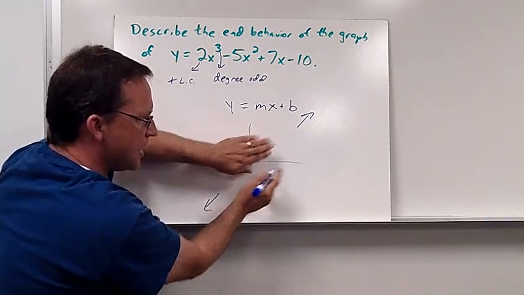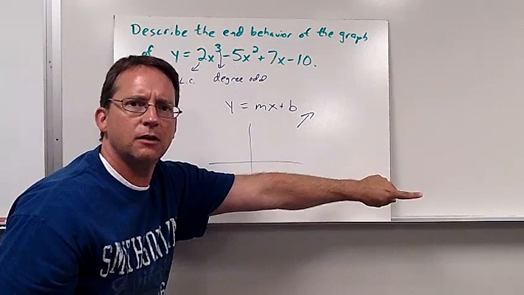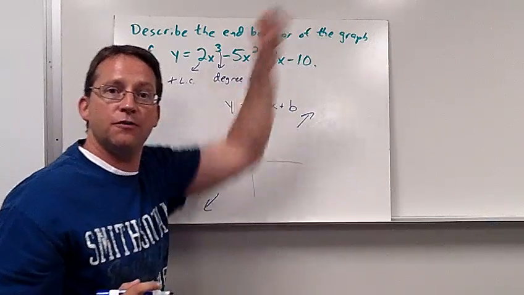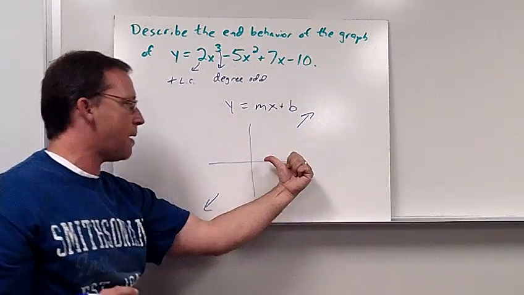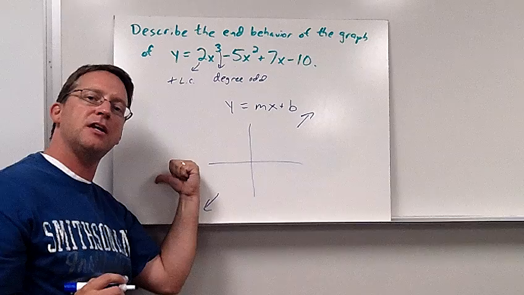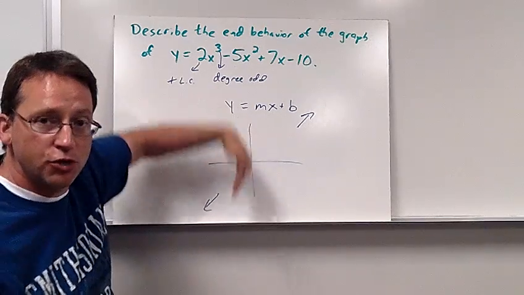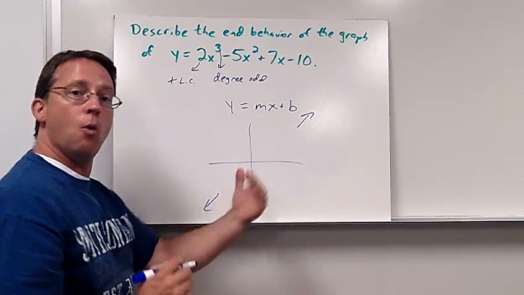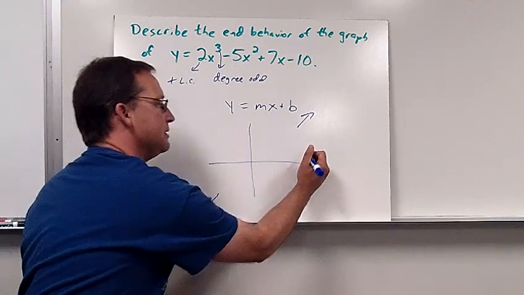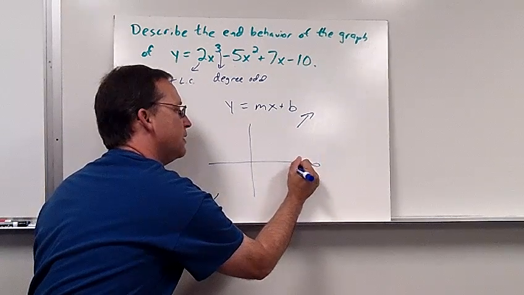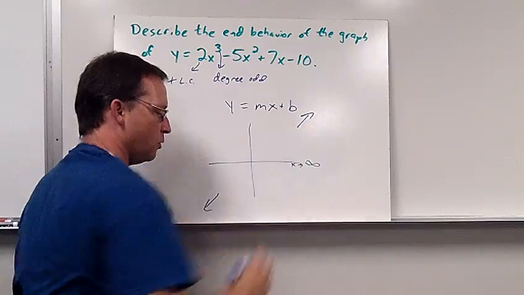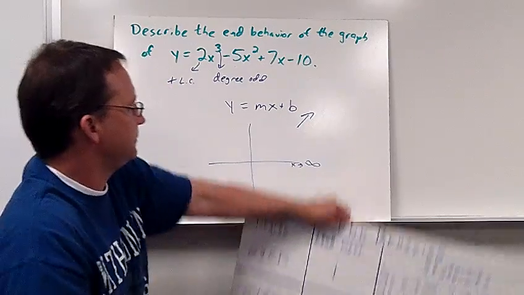So look, what's happening is x is approaching infinity here. Y is approaching infinity. Y is getting bigger. What's happening as x approaches negative infinity? Y is approaching negative infinity, right? Y is going downhill. As x approaches positive infinity, y is also approaching infinity. I'll put that in our chart.